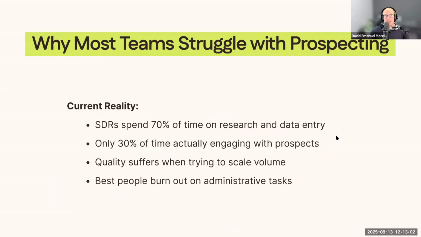So what you're going to see is that most teams struggle because they spend like 70% of the time on research and data entry tasks that can be automated. If you're able to automate all those tasks, you can invest all that time into actually engaging with prospects, which are the actions that will drive you more revenue.